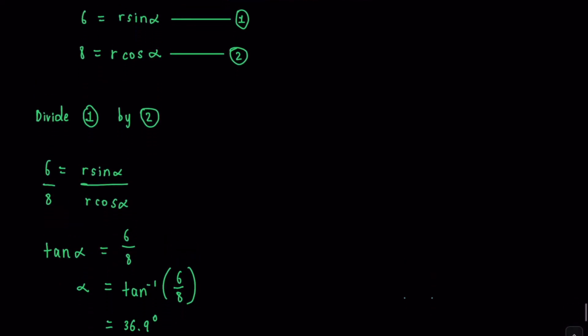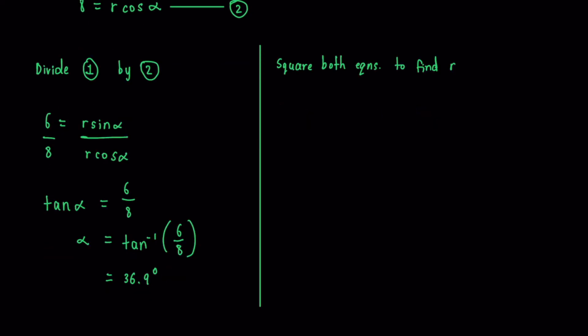Okay? And we're going to manipulate the same two equations again to find what? Exactly, r. So in this case, we're going to square them. All right, so the first one, r sin alpha all squared is equal to 6 squared. So that would give us r squared sine squared alpha is equal to, we know that 6 squared is 36.